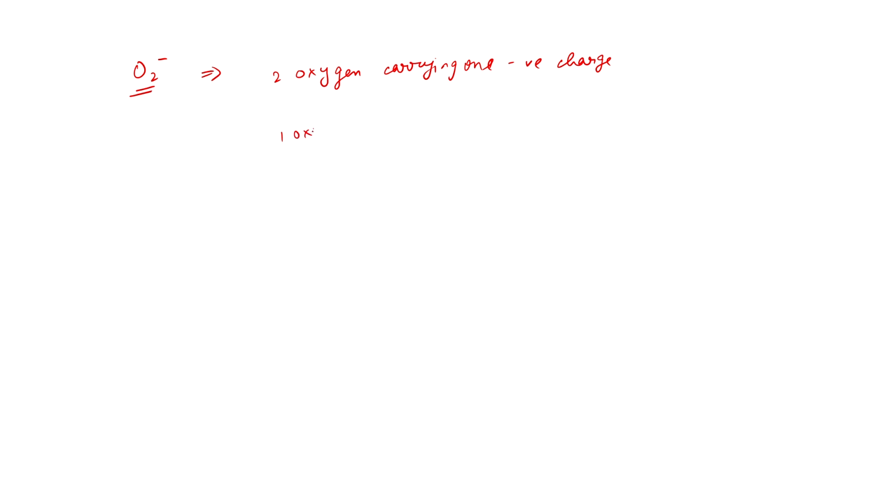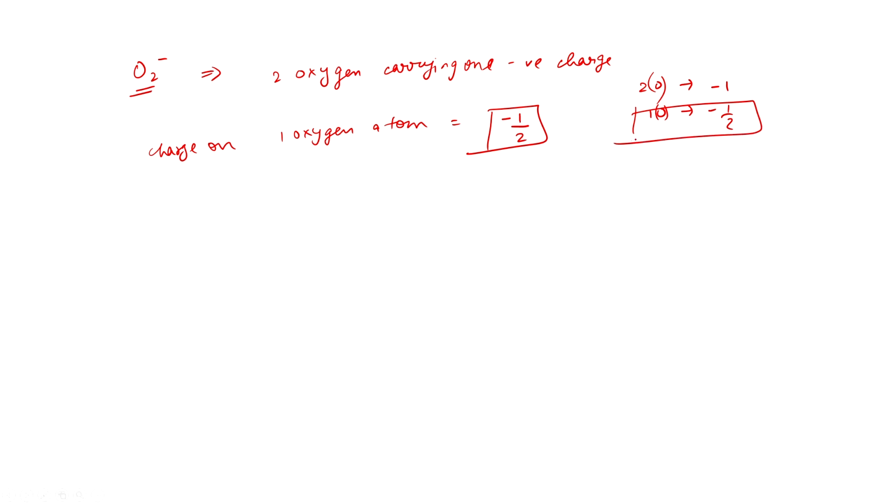That means the charge on 1 oxygen atom will be minus 1 by 2, right. If 2 oxygen are carrying a charge of minus 1, so 1 oxygen will carry a charge of minus 1 by 2. So, 1 oxygen atom has a charge of minus 1 by 2.